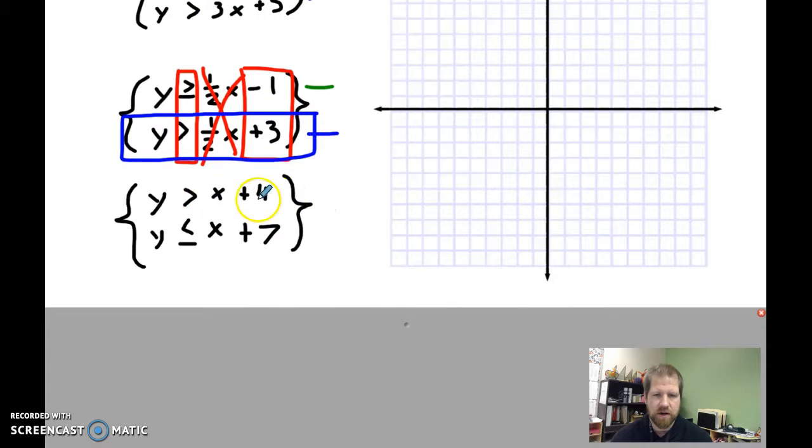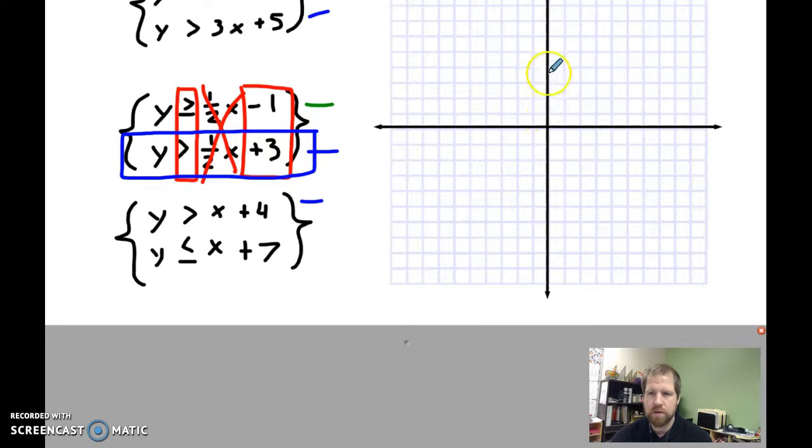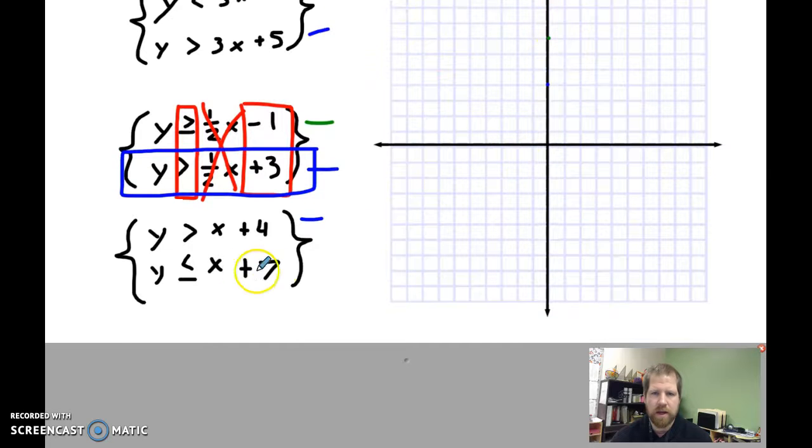All right, so let's figure this out. I've got one at 4. 1, 2, 3, 4, and one at 7. 4, 5, 6, 7. Okay, and my upper line, right, its solutions are below, because it's less than or equal to, so it's going to be below this one.